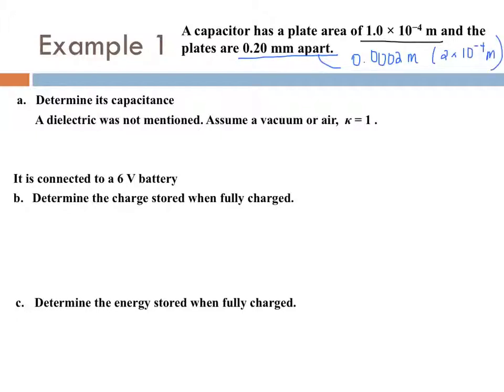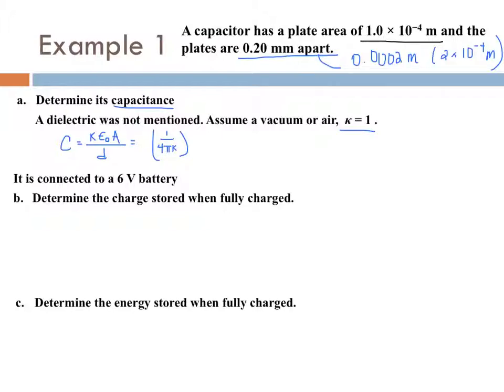And we're asked to determine its capacitance. Again, a dielectric was not mentioned, so we're going to assume that this has either vacuum or air in between it. So, to solve for the capacitance, remember it is K epsilon naught A over D. Our K is equal to 1, and our epsilon naught is 1 over 4 pi times k.